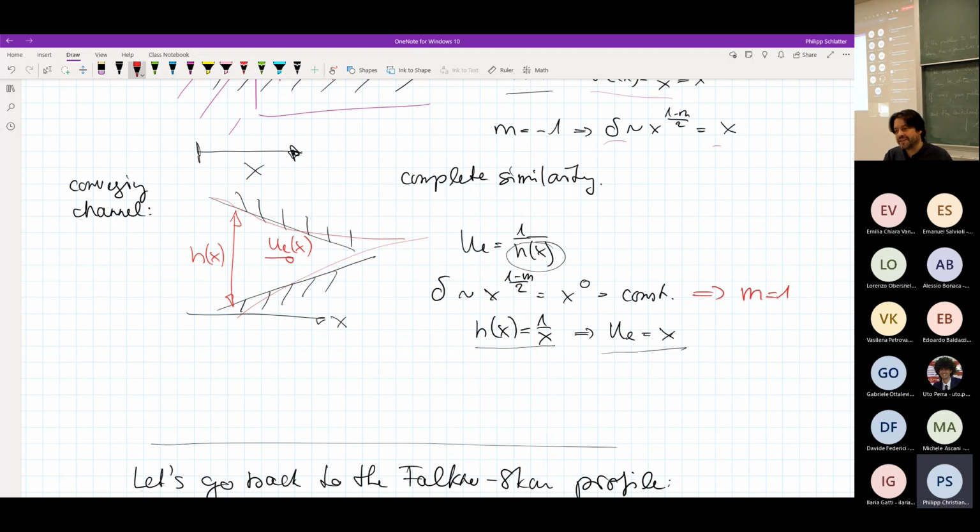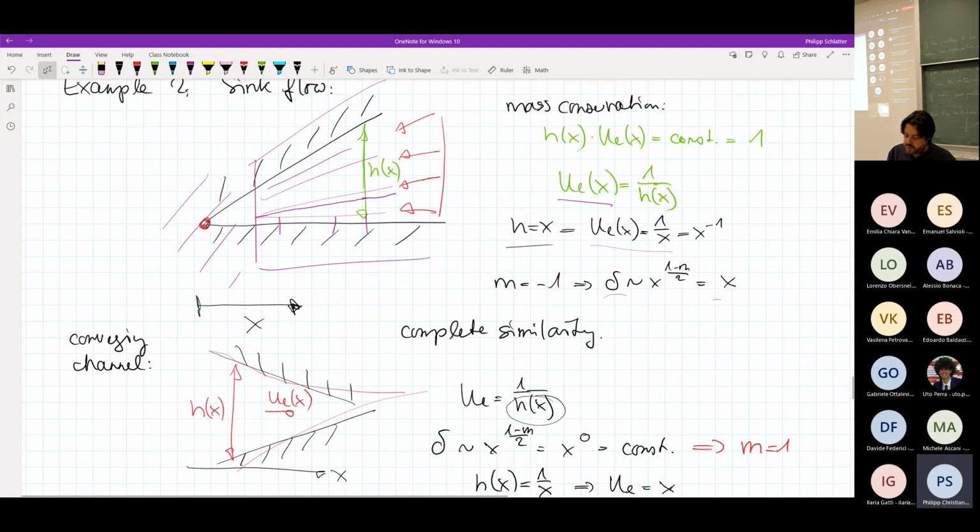I don't know whether this to some extent answers your question, but you can play around with that. It's always the question, what do you impose and what do you want to get out? In this case, I want to have a constant boundary layer thickness, give me the shape. Up here it was, I have the shape, give me the change of the boundary layer thickness.